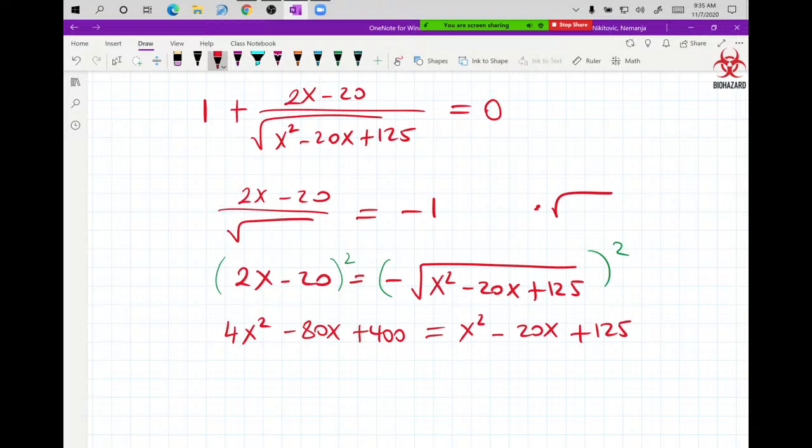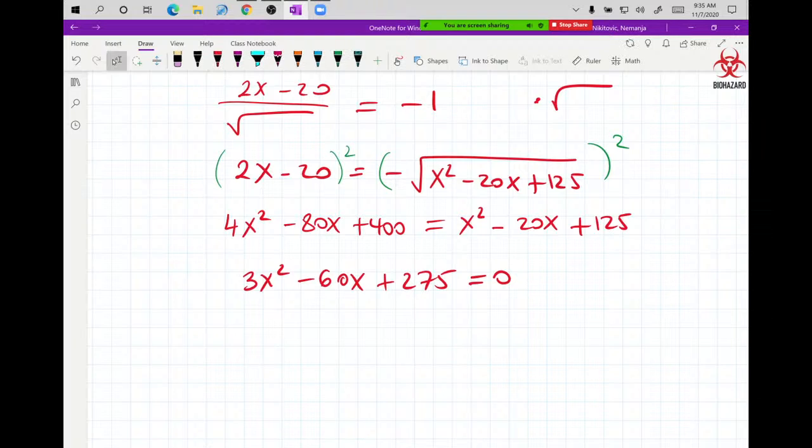Move everything to the same side, you get 3x squared minus 60x plus 275 equals 0. You can use the quadratic formula, you can use online tools, whatever. I'm just going to jump real quick so we don't waste time here.